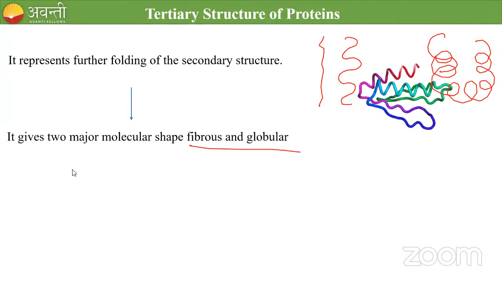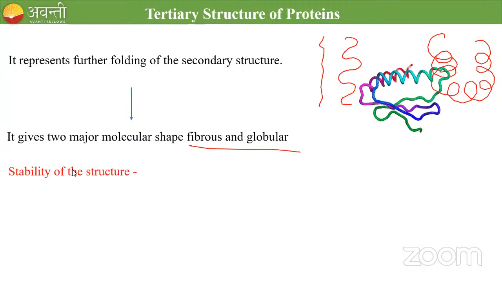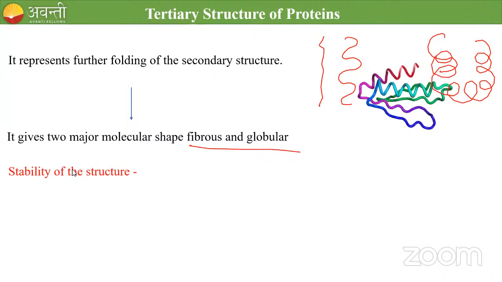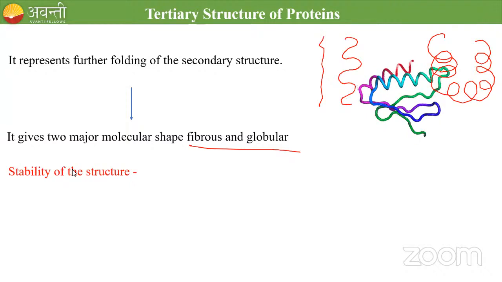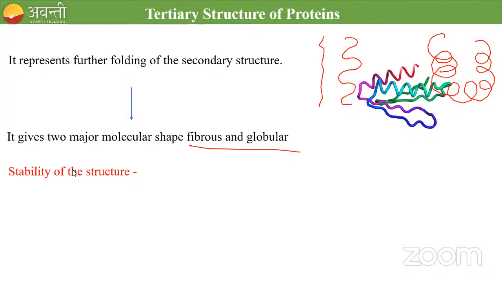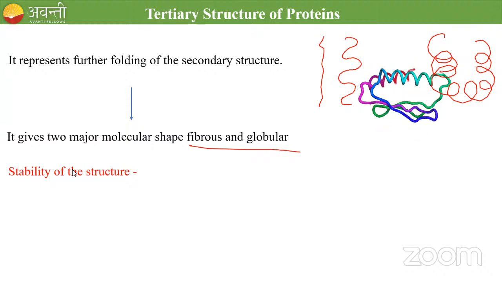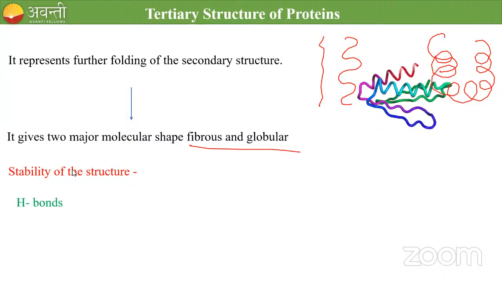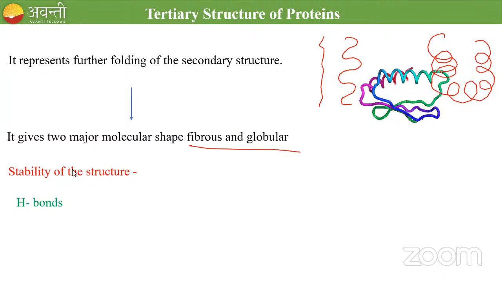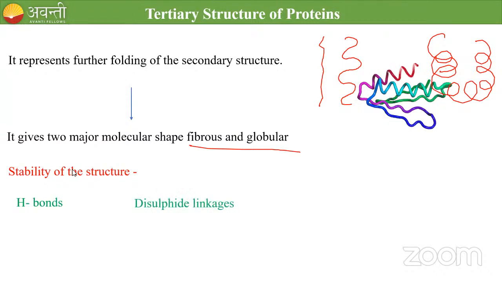But if you talk about stability, how is this tertiary structure stabilized, how long can it be there, and what is the reason for its stability? To answer all these questions, I would like to give you the forces which keep them together and make them stable. The very first force is the hydrogen bond. The second is the disulfide linkage.